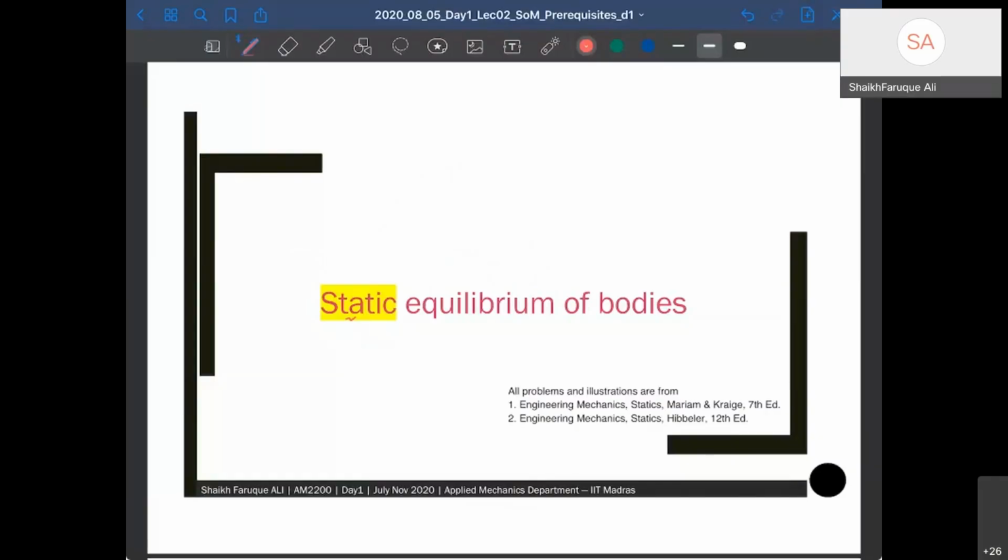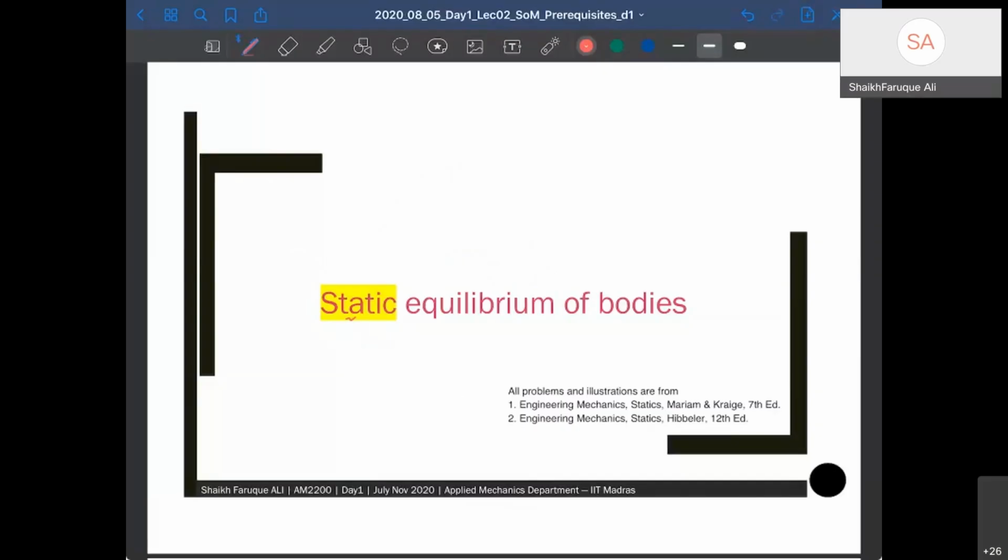So we will start with static equilibrium of bodies, and I hope you have learned static equilibrium of bodies in great depth in your engineering mechanics course. Here we are not going into details of static equilibrium.